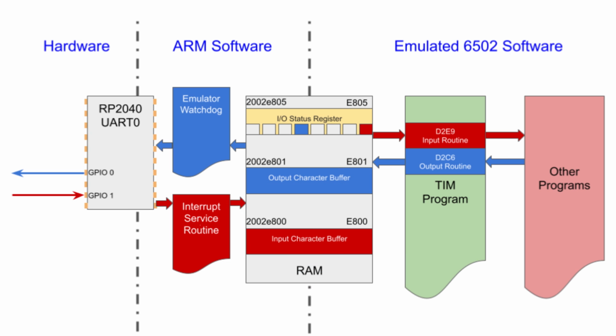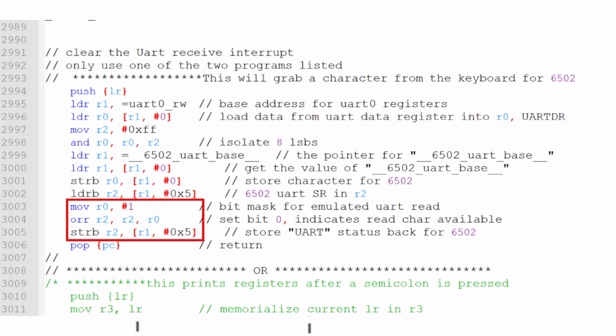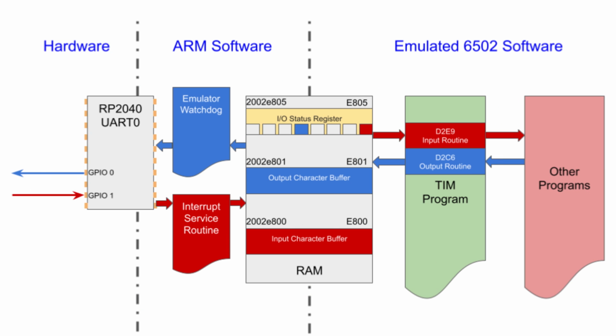Then bit 0 on the 6502 UART status register, which is located at E805 hex, is set, indicating a character is available. The TIM spins on E805, waiting for bit 0 to set, at which time it will grab the character from E800 and continue on.